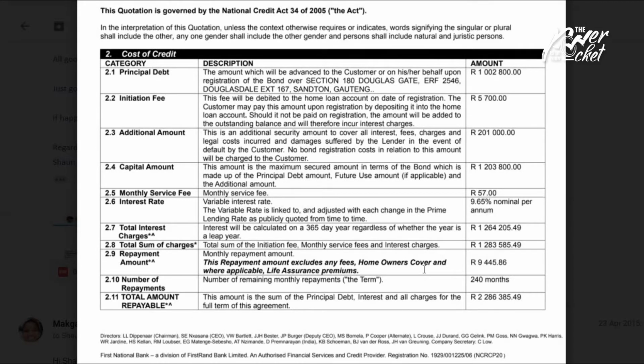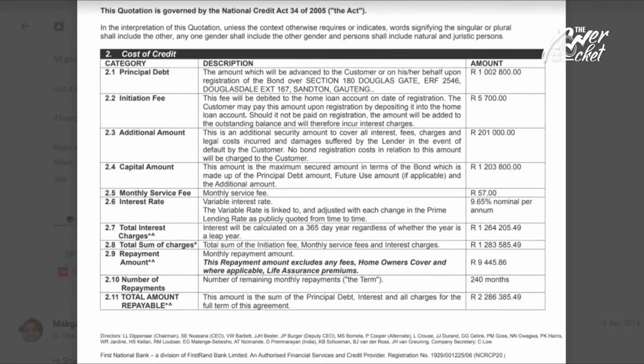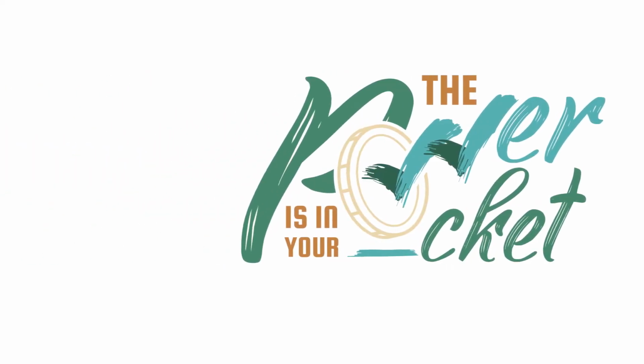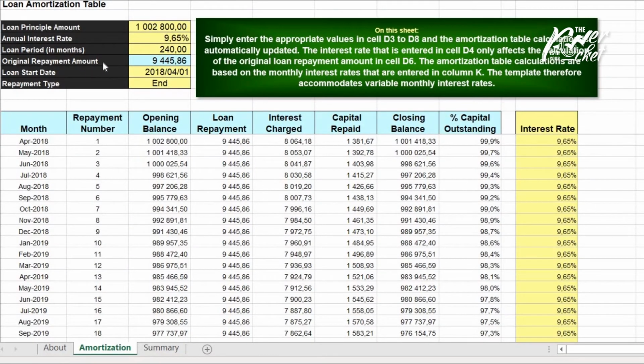This is just an example of my home loan, and every single loan that you take up, no matter how small it is, whether it's a personal loan, revolving loan, or an overdraft, will have all this information. Here it says original repayment amount.